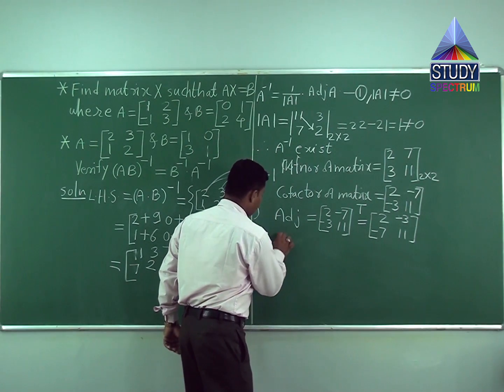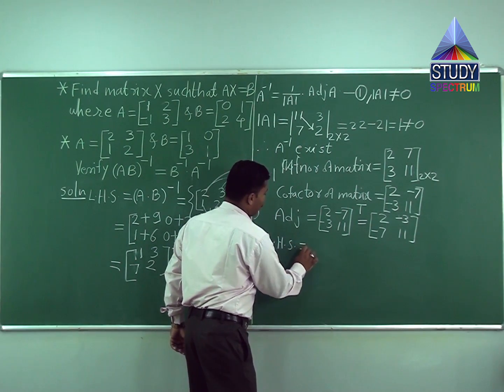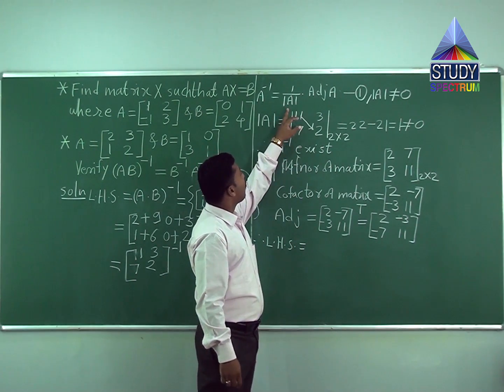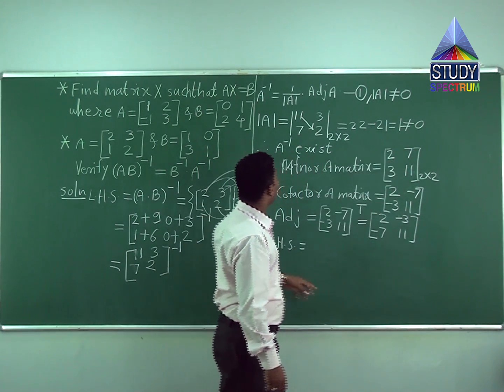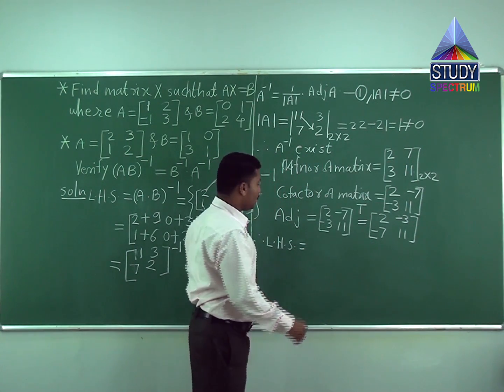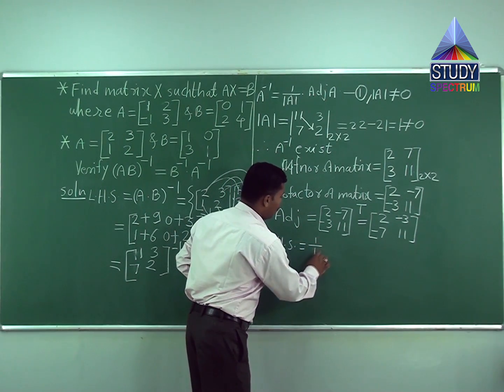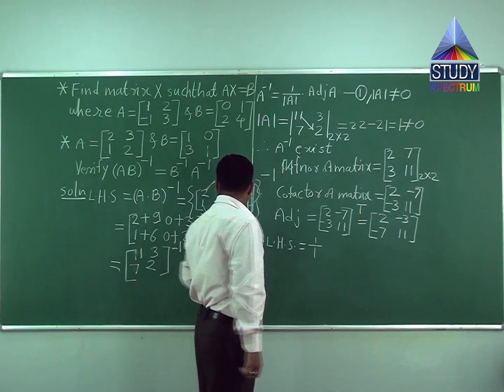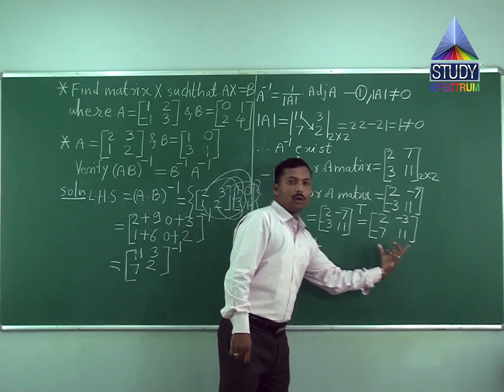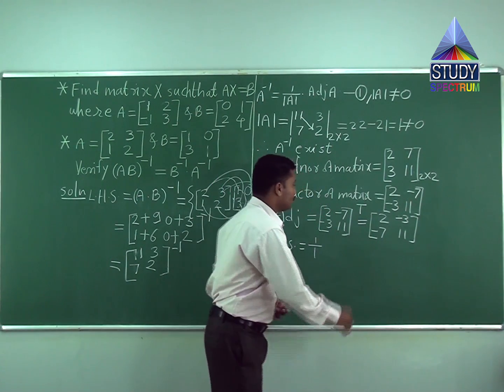And therefore LHS equals what? LHS equals 1 upon determinant A. Determinant A is 1, so 1 upon 1 is 1. 1 upon 1 into the adjoint of this matrix, which equals this matrix.